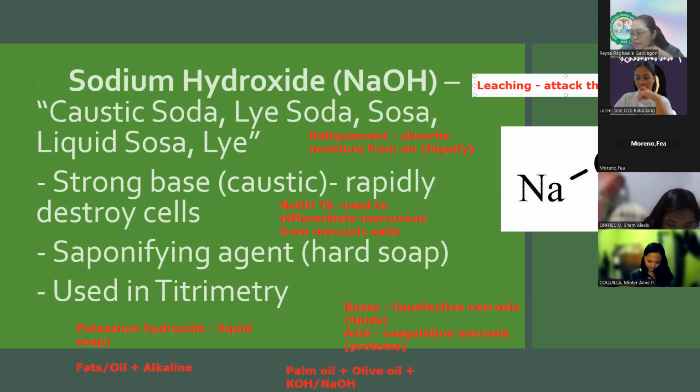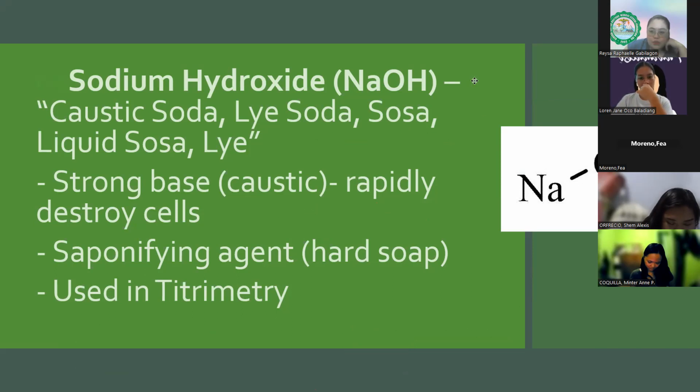Masisira ang glass neto. So, pag nag-work kayo sa laboratory, you have to make sure na pag sodium hydroxide, sa plastic mo na lang siya ilagay. That's the name of the process, leaching. The components of the glass will go into the solution, masisira din yung iyong sodium hydroxide, magiging contaminated na din siya.